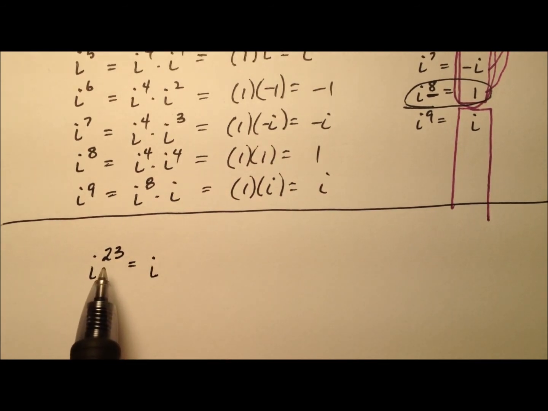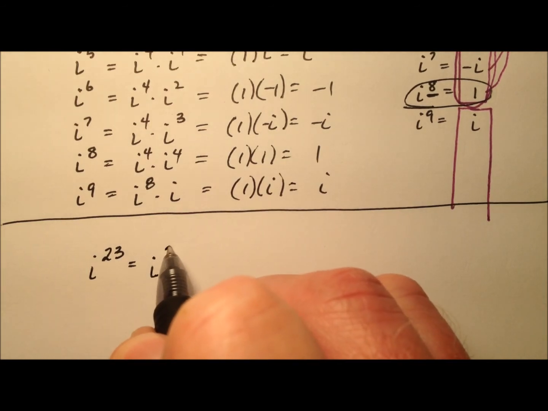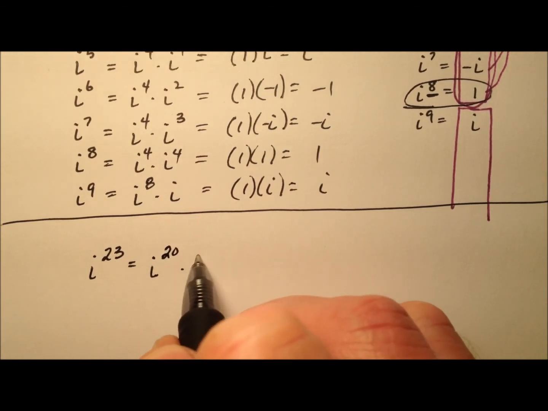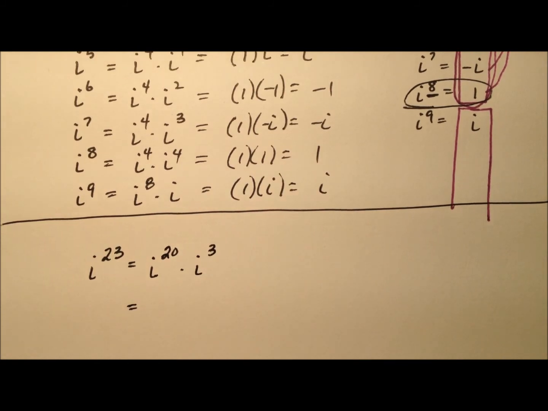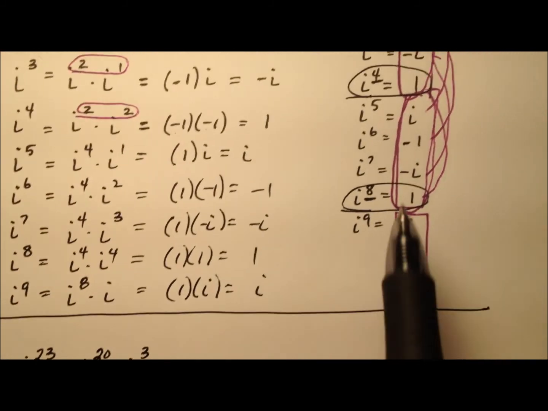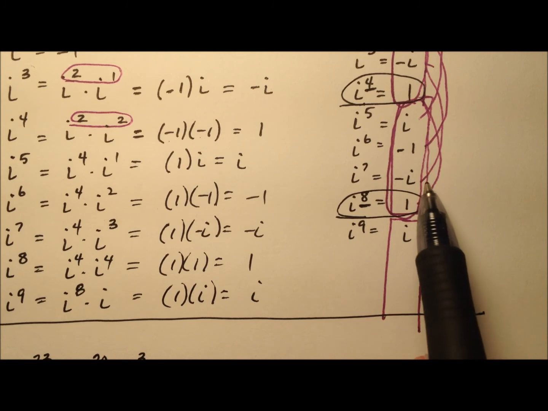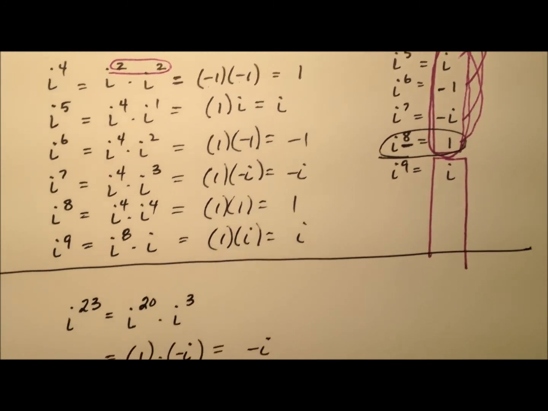What's a number just below 23 that's a multiple of 4? Well, 20. And then what's left over is i cubed. So i to the 20th will be 1 times i cubed, which is negative i. So I know that i to the 23rd is negative i. And that's where that falls in my little pattern of i, negative 1, negative i, 1.